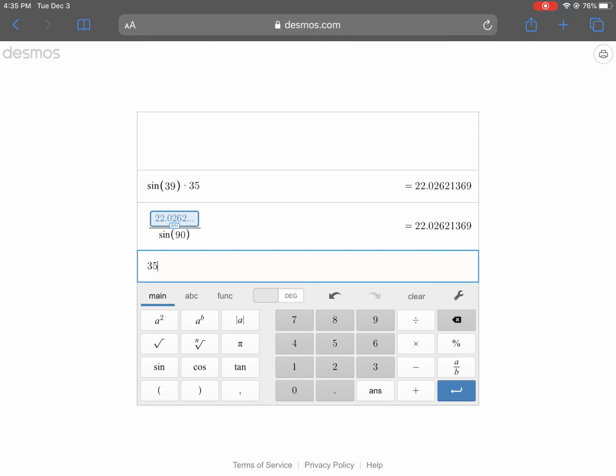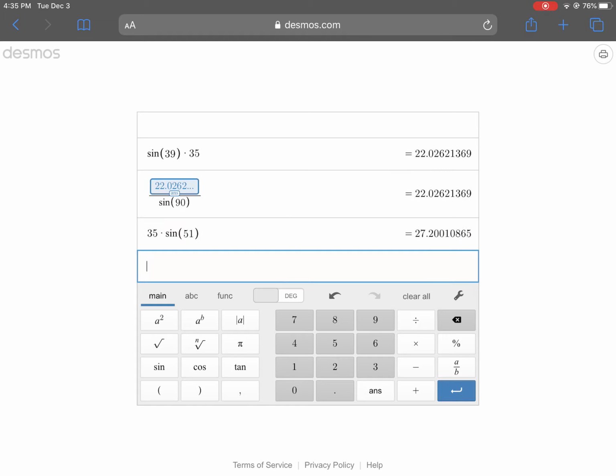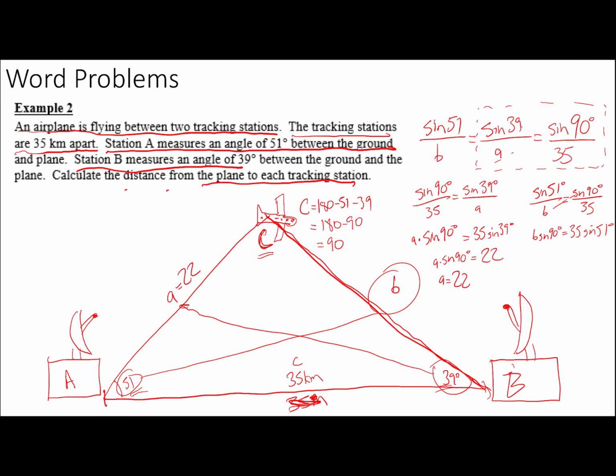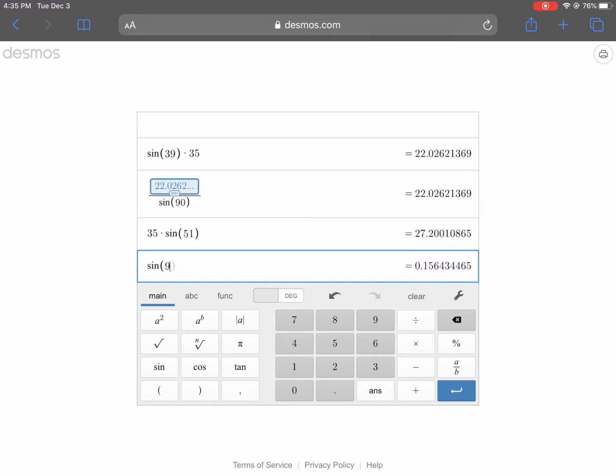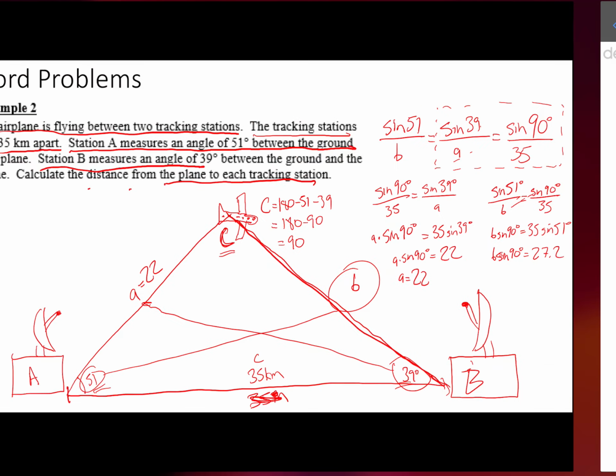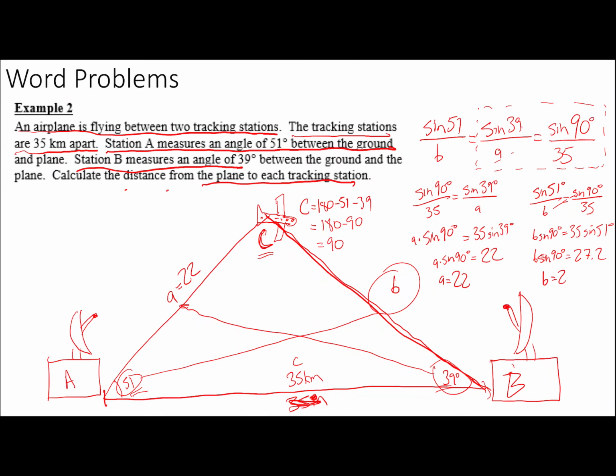It equals 27.2. So B times sine of 90 degrees equals 27.2. What's sine of 90 anyway? Sine of 90 happens to be equal to 1. So B equals 27.2.